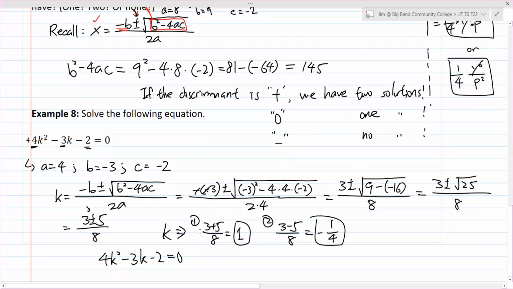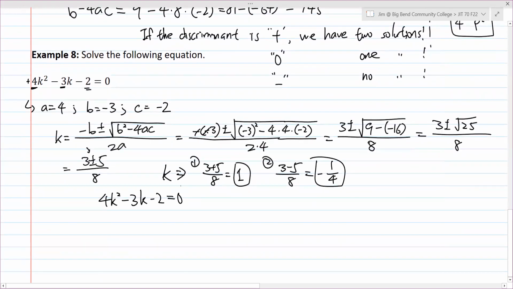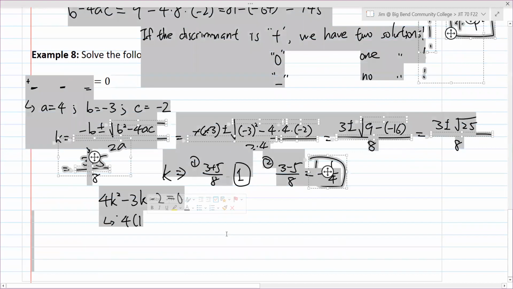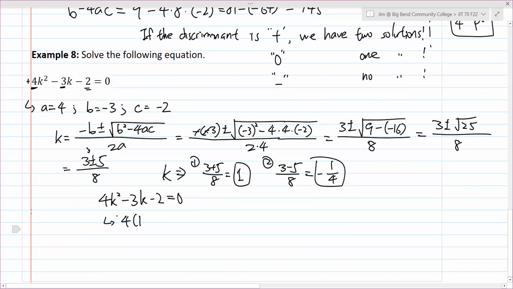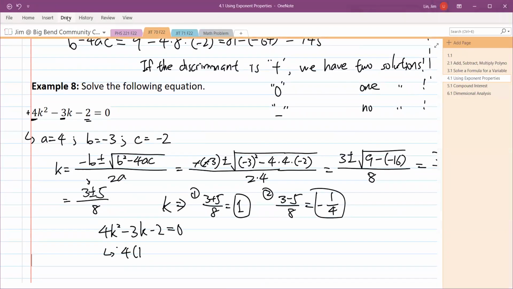So if we have that original equation, then we can plug in 1 into the equation. Right. Let me recover my drawing tool again.